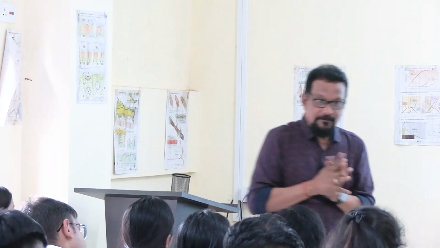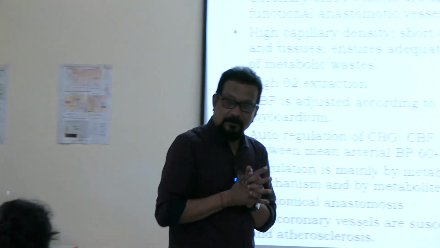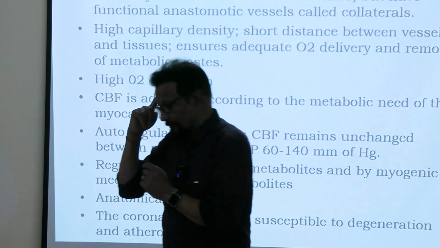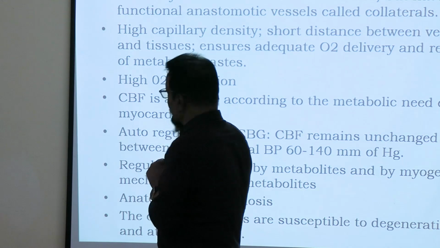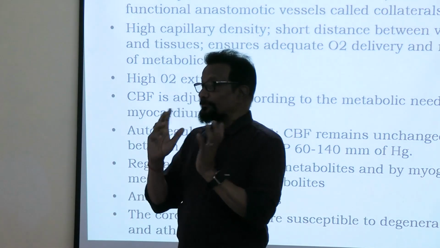If it remained there, further increase would occur, but it doesn't happen. Why? With the increased flow, the metabolites are also washed away through the venous blood. So no further dilation will be there. That is how autoregulation of coronary blood flow is maintained.